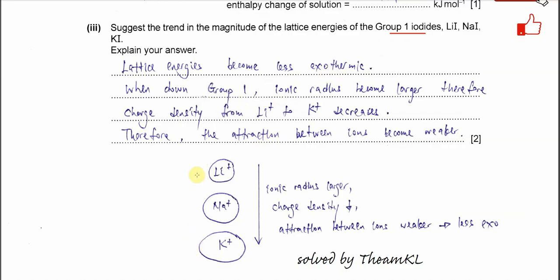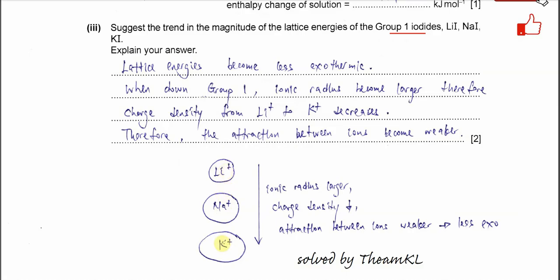When going down the group, as you can see, the size or ionic radius of these group 1 cations is larger. Why? Because it has more electron shells, right? So it's larger, and as you can see, the charge for this cation is just positive, the same charge.